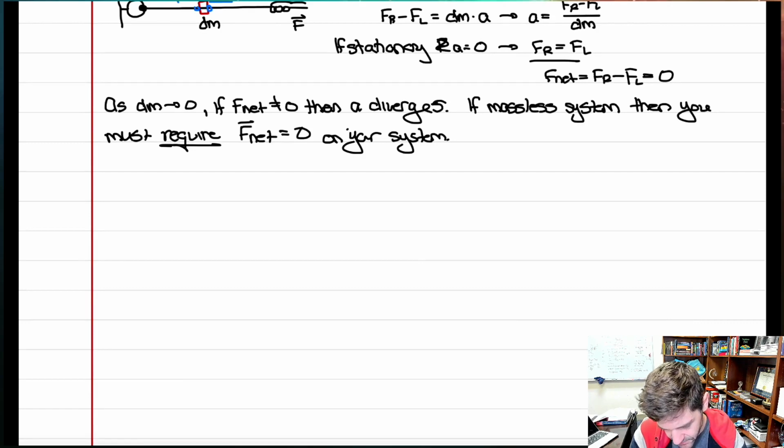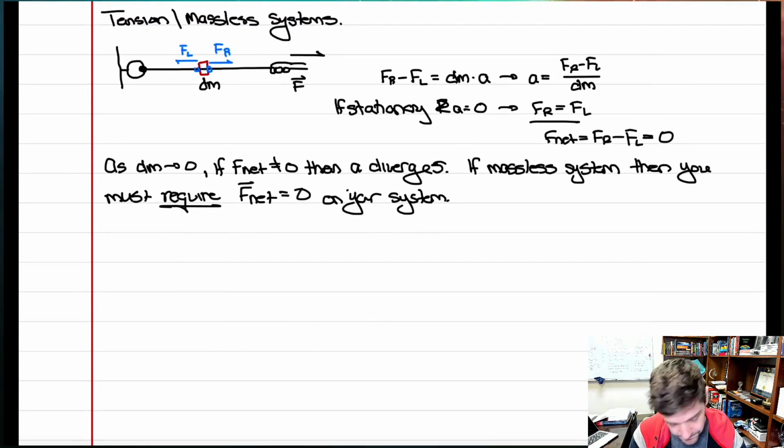And we could go back up to our example, our drawing here, and imagine having my system now be the little part right where the rope comes in contact with my hand.